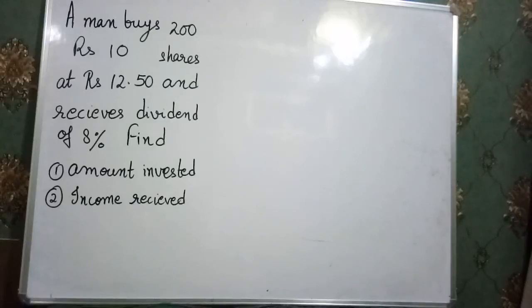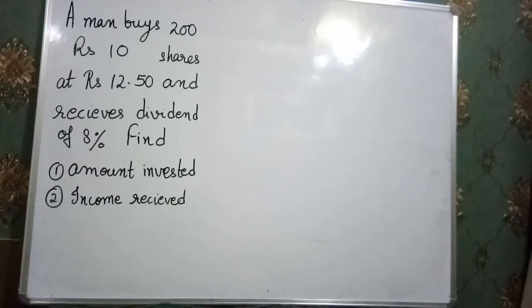A man buys 200 rupees 10 shares. So what is 200? Nothing is given, and that means it shows that 200 is just a number. So in shares and dividend, when this type of digit is given, it means that here 200 is the number of shares.